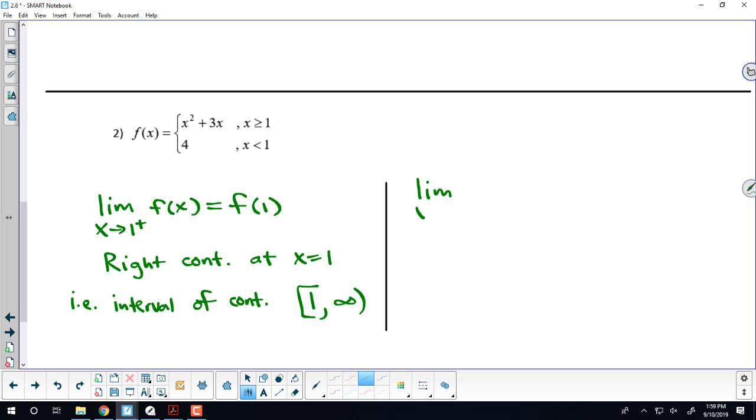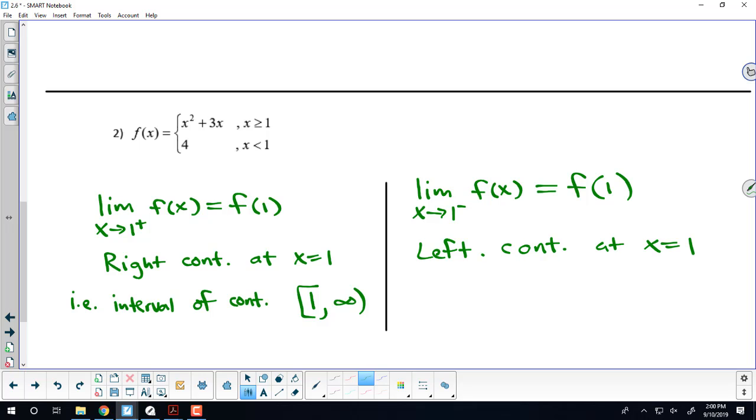Also, the limit as x approaches 1 from the left on that function is also the function's value at 1. It's left continuous as well at x equals 1.